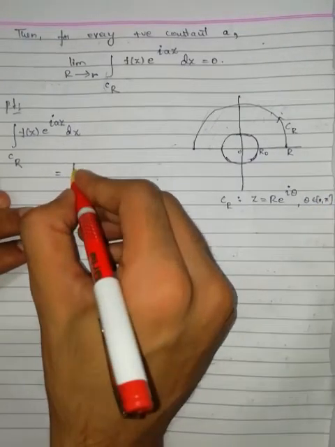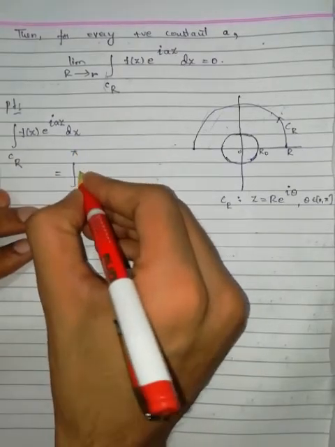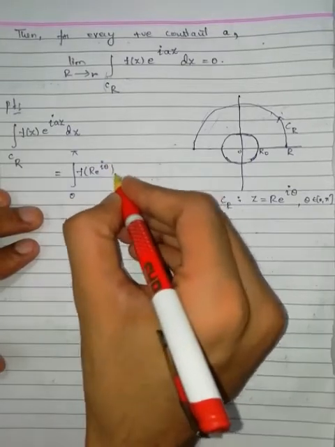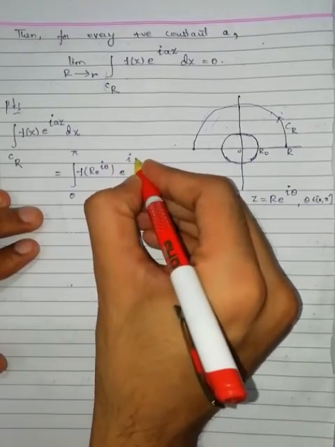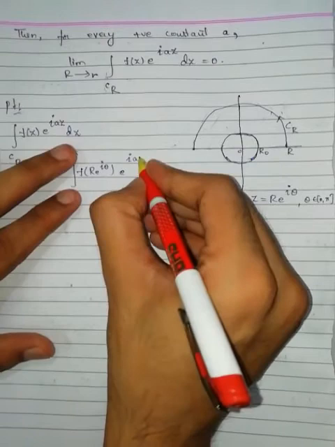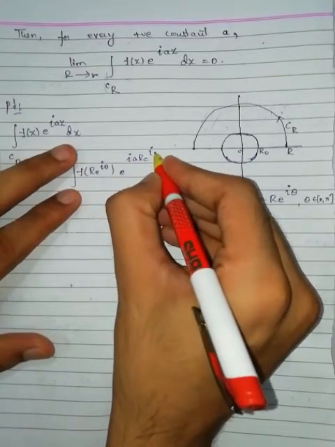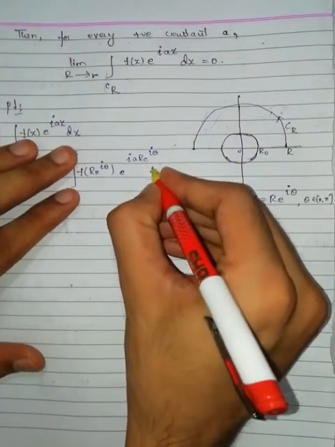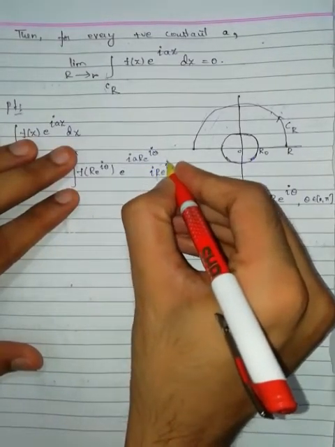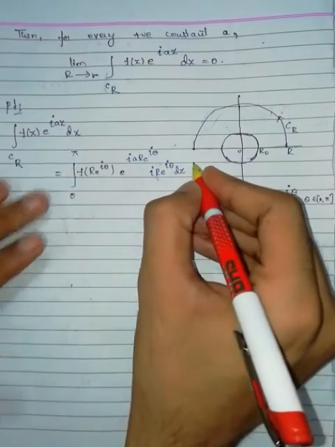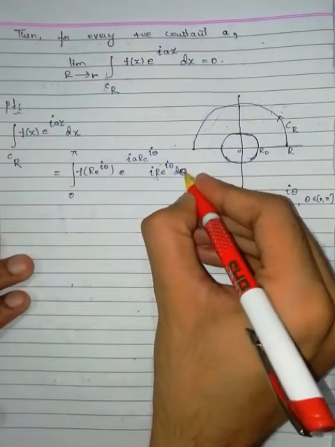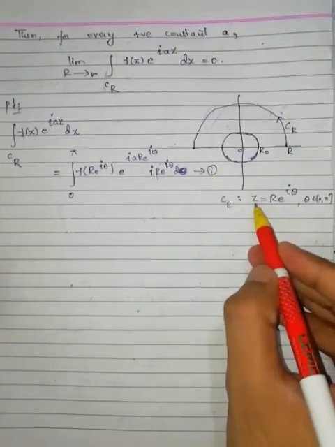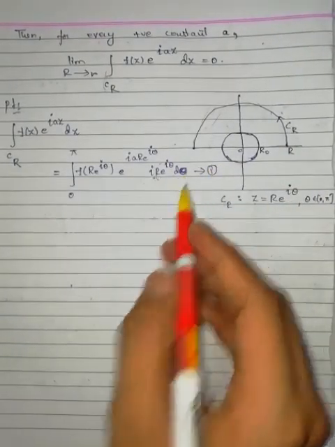Just replace. It becomes integration 0 to pi f of capital R e to the power of iota theta, e to the power of iota a z, and dz becomes iota capital R e to the power of iota theta d theta. Equation number 1. Differentiate z, you will get this term.